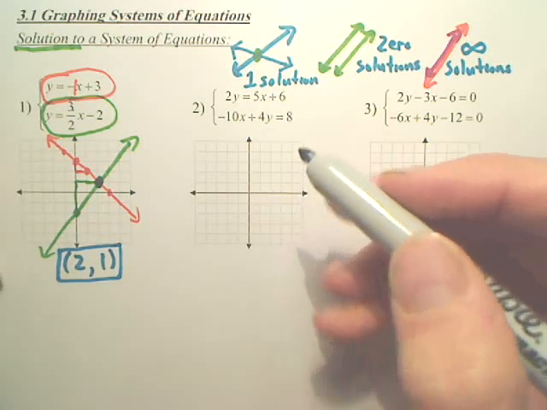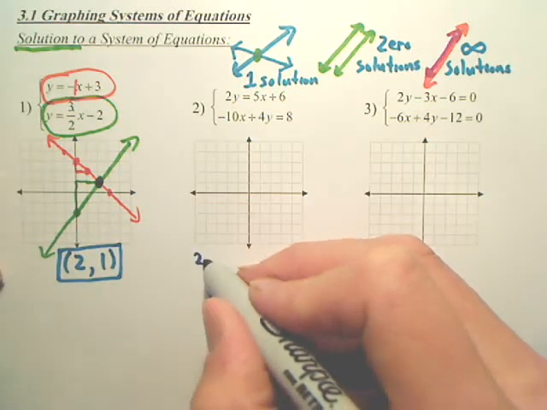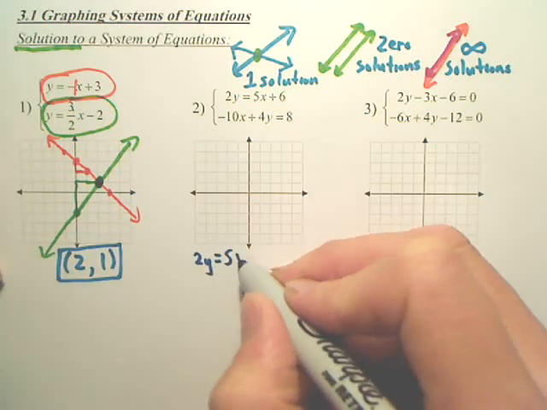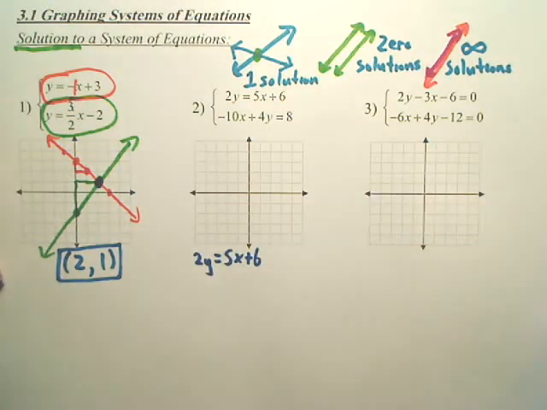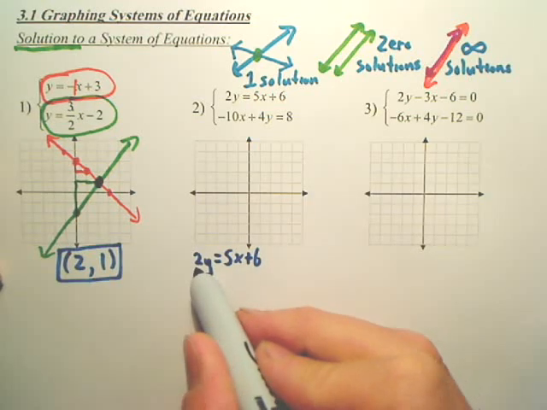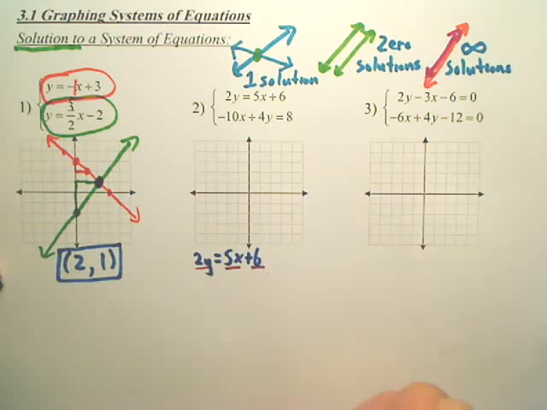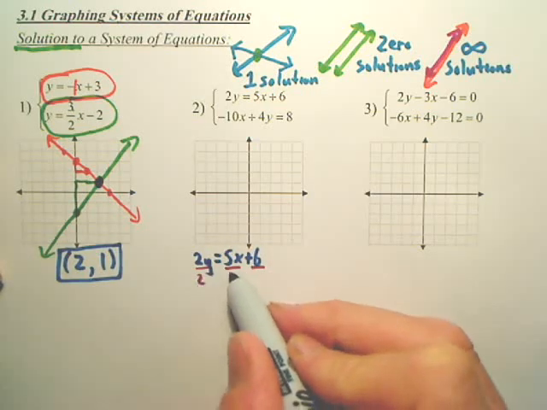So, for the first one, our first step to get y by itself would be to divide everything by 2.